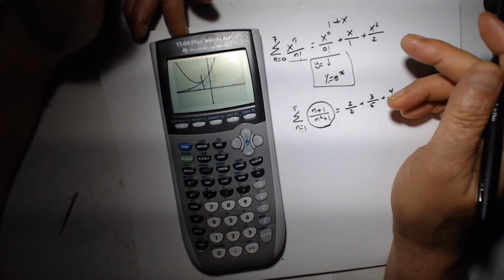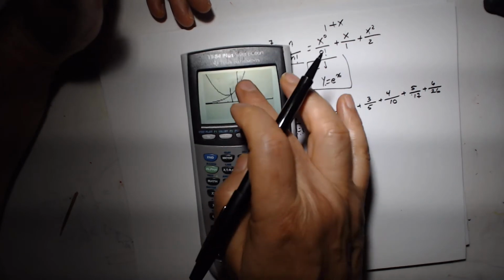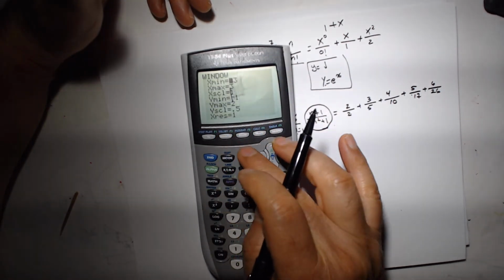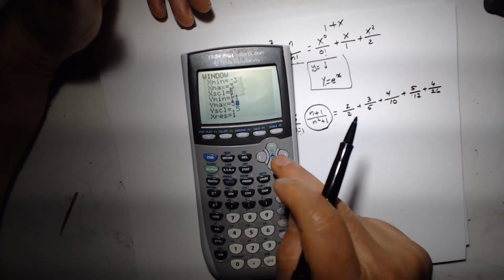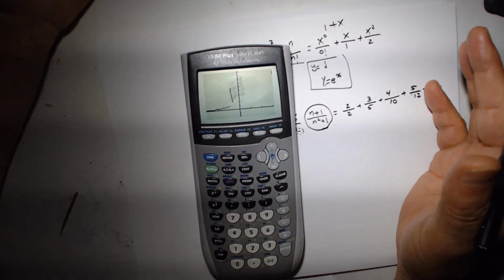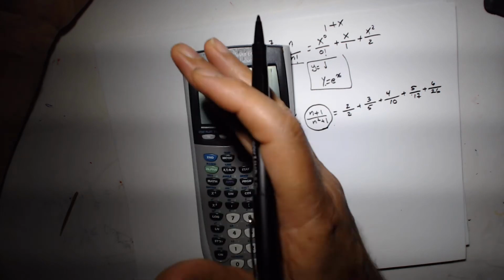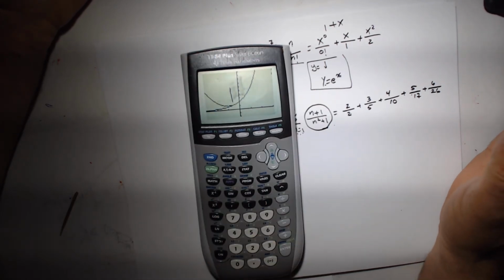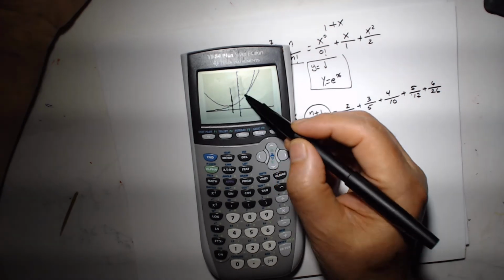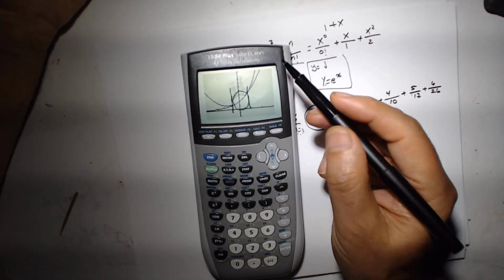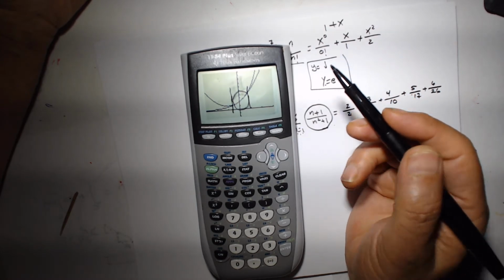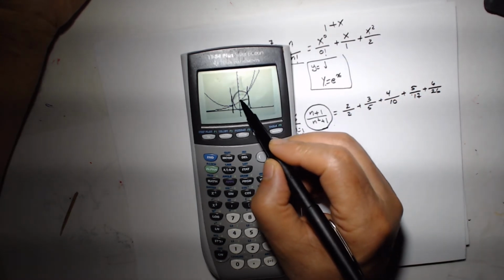I said not on, because I don't have many y values here. If I go and change my y value to 5, then you see it really doesn't converge to all. It converges to some.